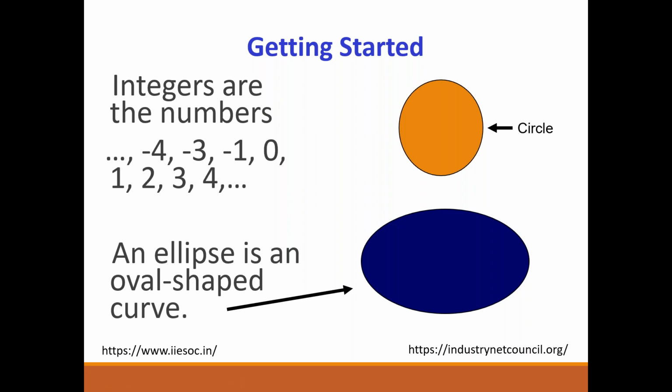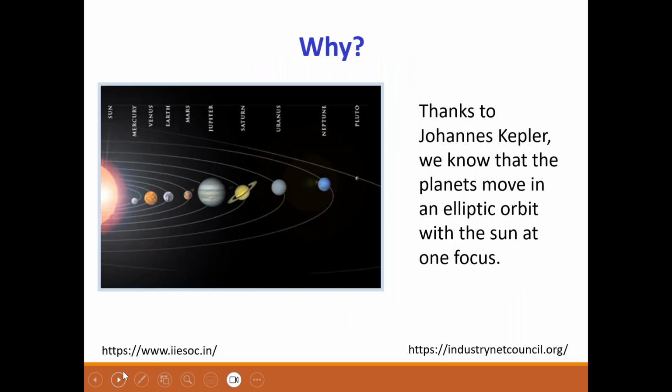So what we need is a refresher on integers. Integers are whole numbers, and they can be negative, like -4. They can even be 0 or positive. And then we need to think about what an ellipse is. A circle is perfectly round. An ellipse is, of course, oval.